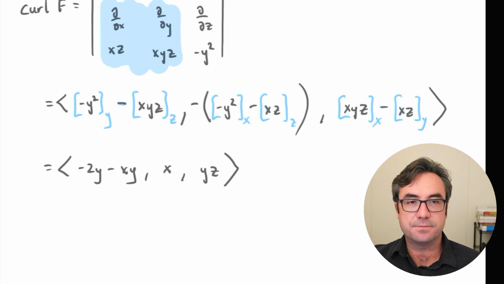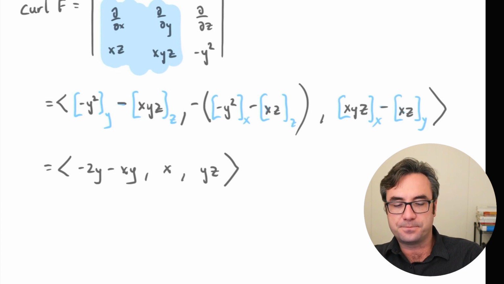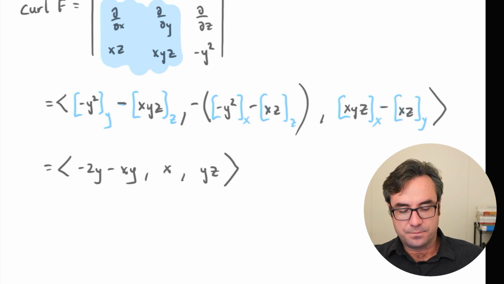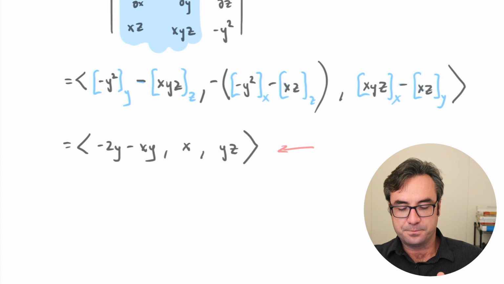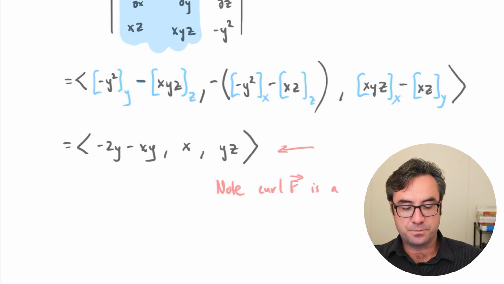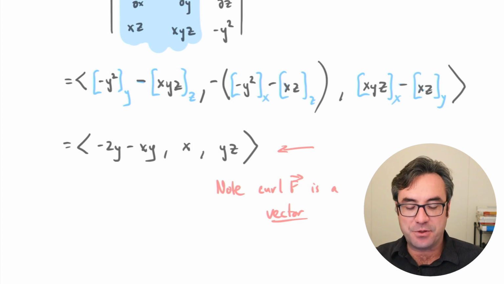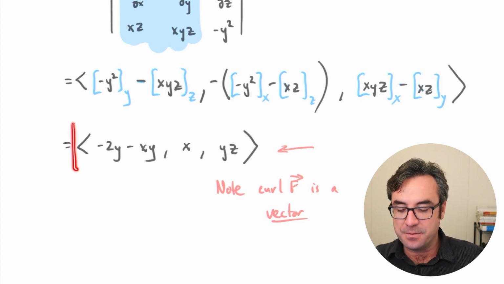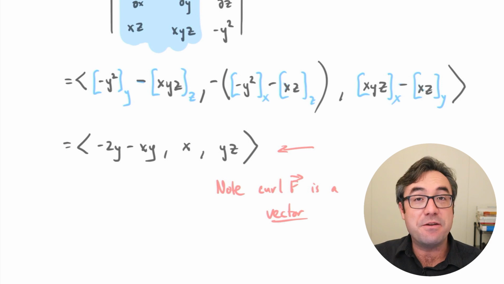This is a vector. So when we calculate the curl of a vector field, we get a brand new vector field out. So just a note here. When we calculate the curl of a vector field like we have here, we end up with a vector field out.